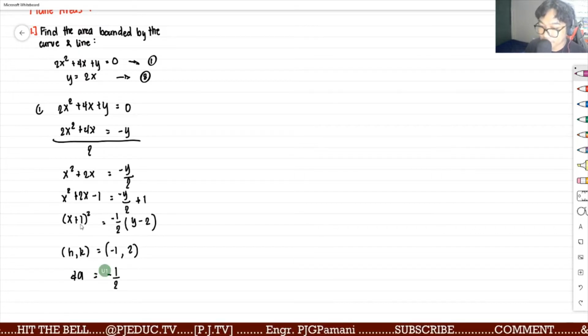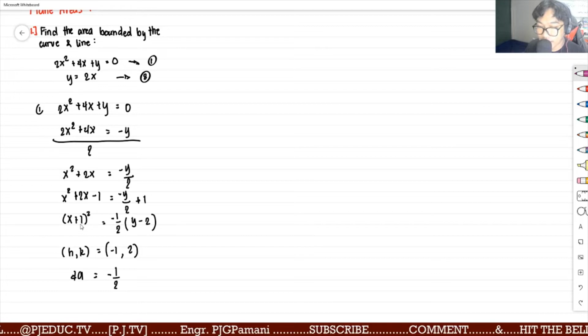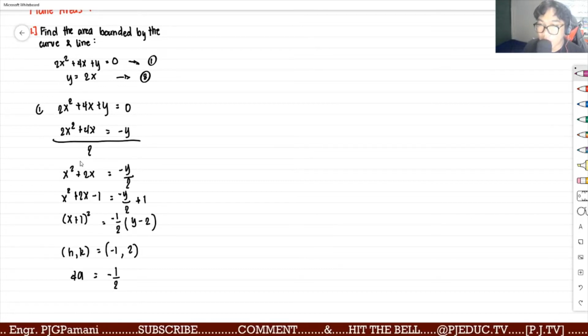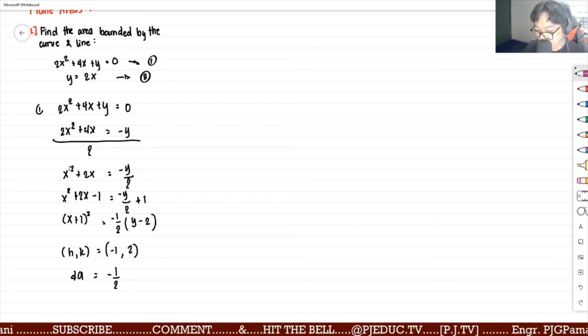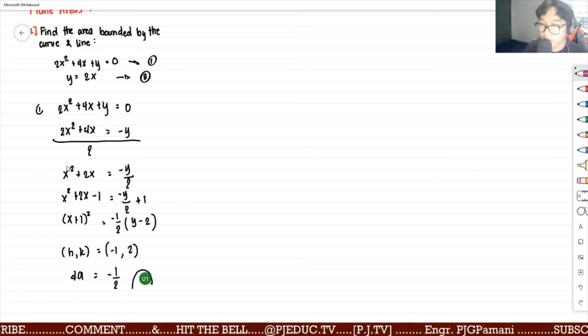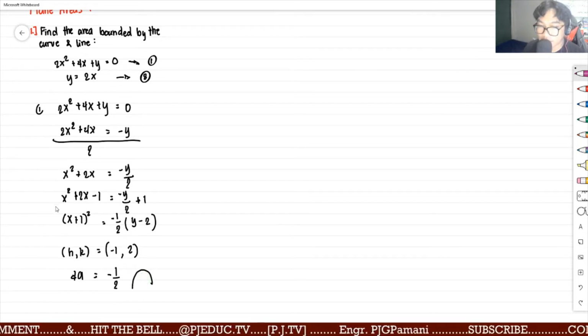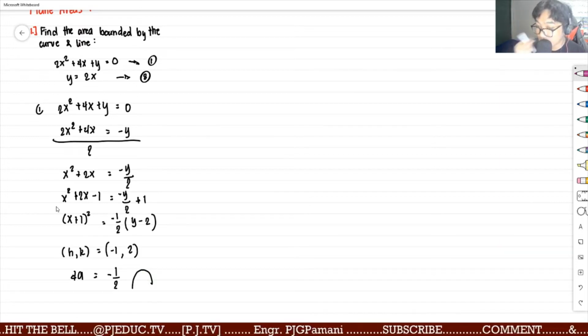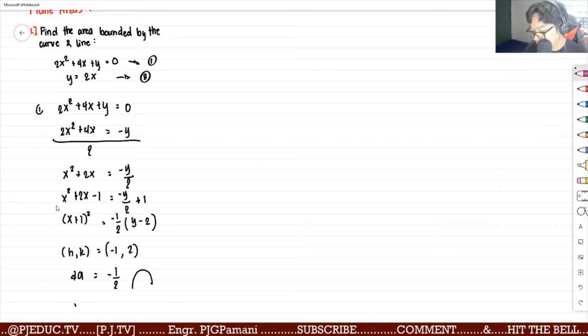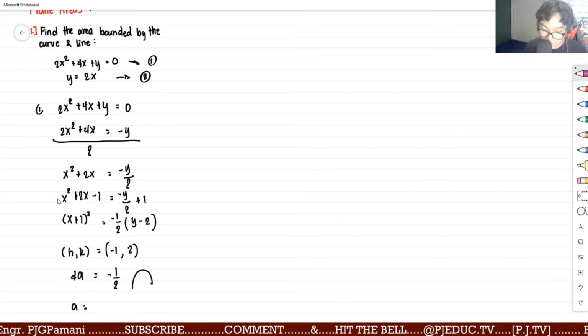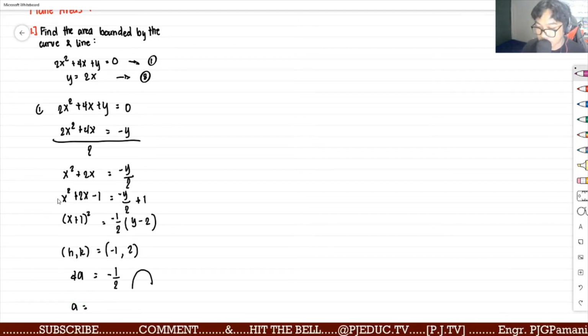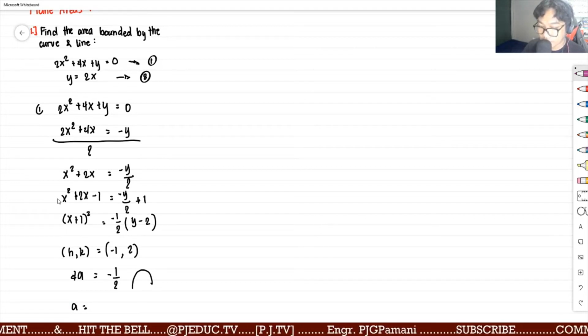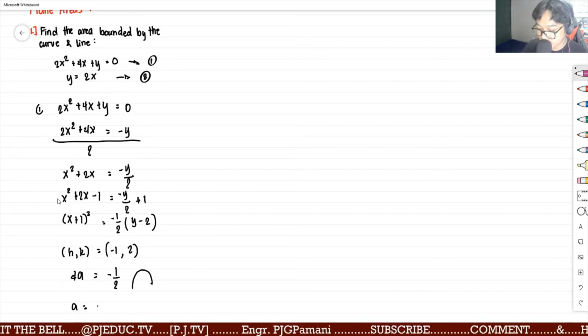Okay? So if 4a is negative 1/2, therefore, our parabolic curve is opening downward, kasi with respect to x-axis naman yan. Then the value of a will now be equal to negative 1/2 divided by 4, that is negative 1/8.